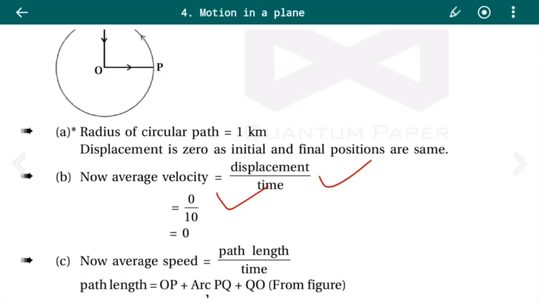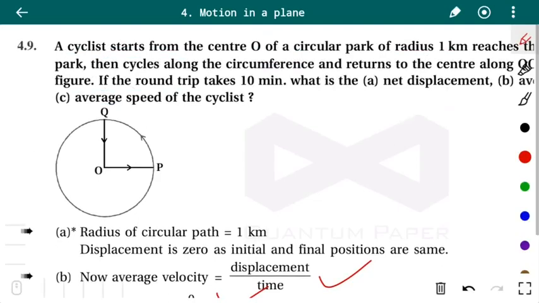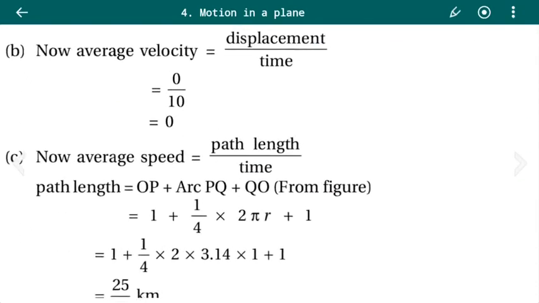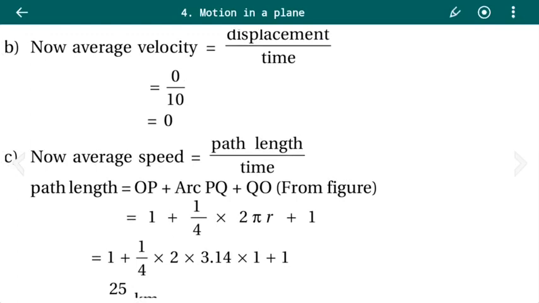As you can see over here, the path length covered is OP radius, PQ arc and QO radius. This arc is 1/4 of the whole circular path, 1/4 of the whole circumference. So we can write path length is equal to OP plus arc PQ plus QO.